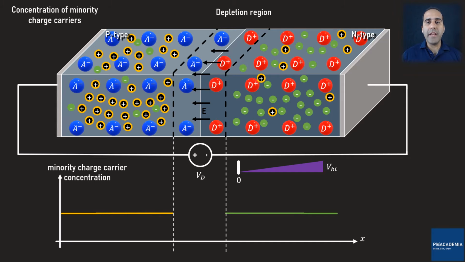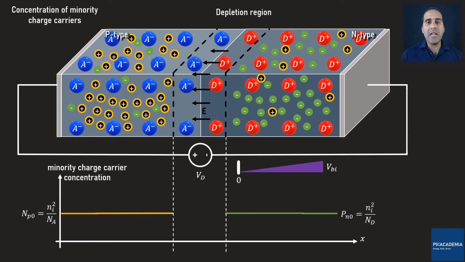In equilibrium, NP0 represents the concentration of free electrons as the minority charge carriers in the P semiconductor, and PN0 represents the concentration of holes as the minority charge carriers in the N semiconductor. NP0 equals Ni squared over N sub A, and PN0 equals Ni squared over N sub D.